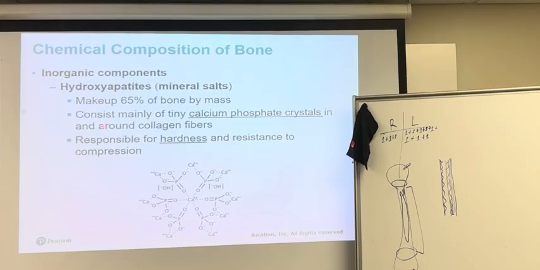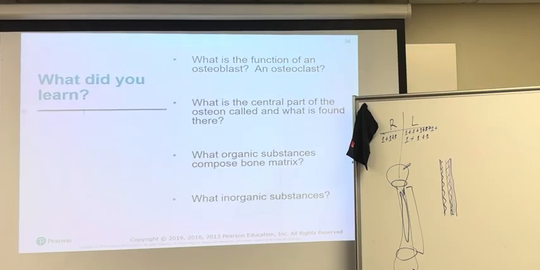The inorganic component is called hydroxyapatite. Hydroxyapatites make up 65% of the bone by mass, consist mainly of tiny calcium phosphate crystals in and around the collagen fibers, and are responsible for hardness and resistance to compression.